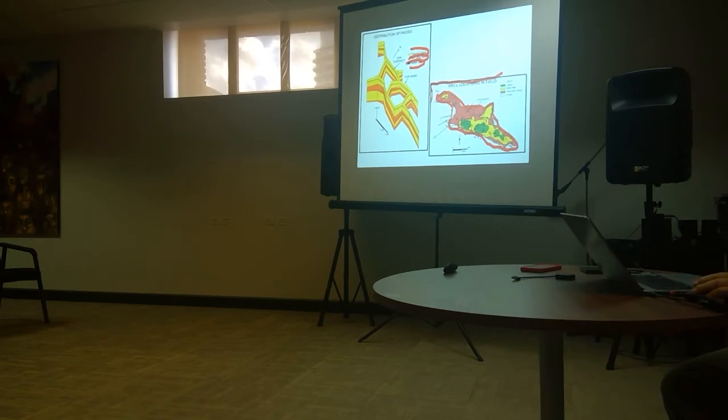So after my core descriptions, I made this fence diagram. Now we would build a 3D model in Petrel or something like that, but back in those days, you made fence diagrams to give you a 3D representation of a reservoir. The different colors here refer to the distribution across the field of those three rock types.